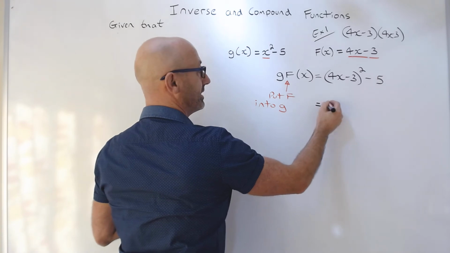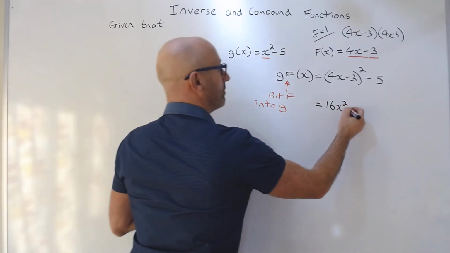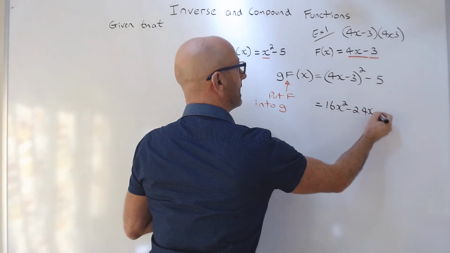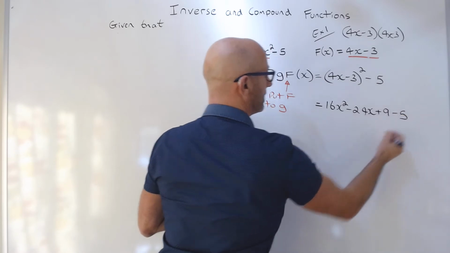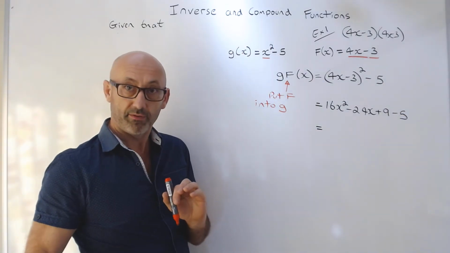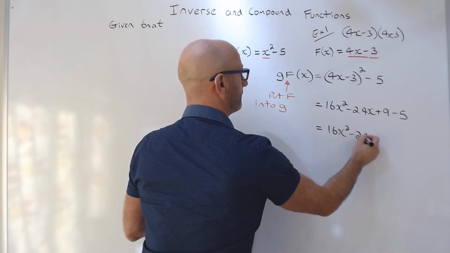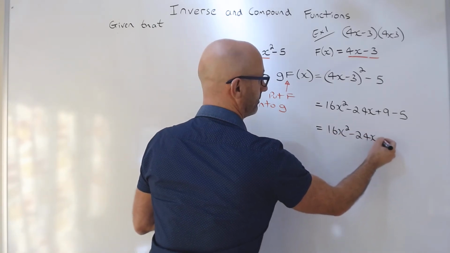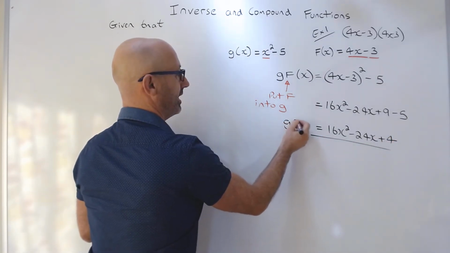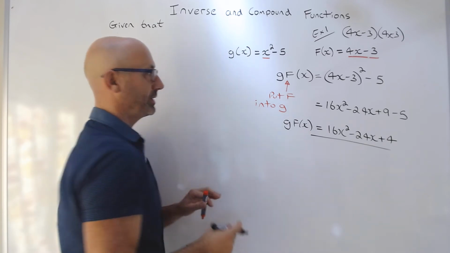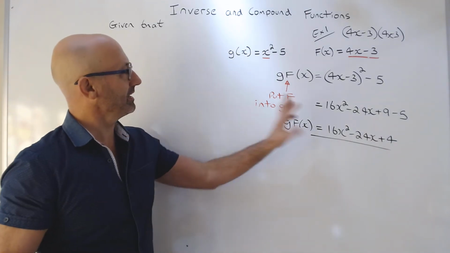And you're going to end up with 16x squared minus 24x add 9 take 5, which is going to simplify to that. That's what gf of x would equal. Let's recap that. Nina, do look at the board, please.